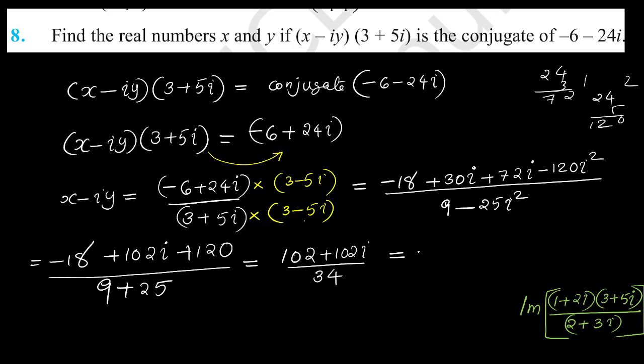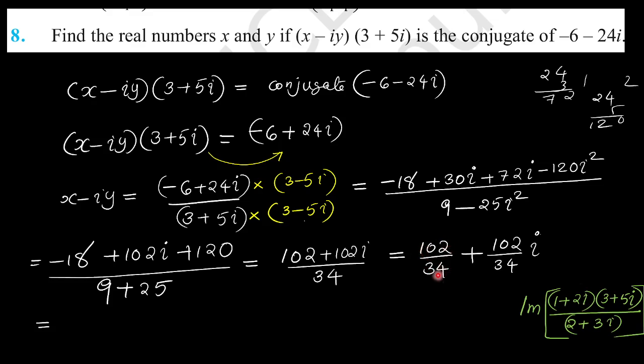Let me split into two. Splitting means 102 by 34 plus 102 by 34i. 102 by 34, it is divisible. I think you will get 3.